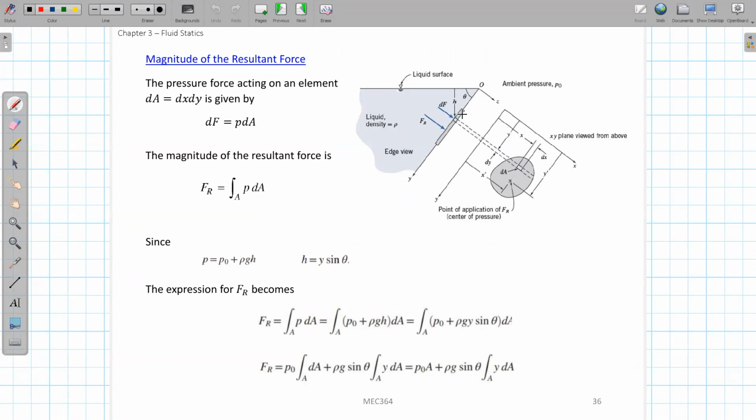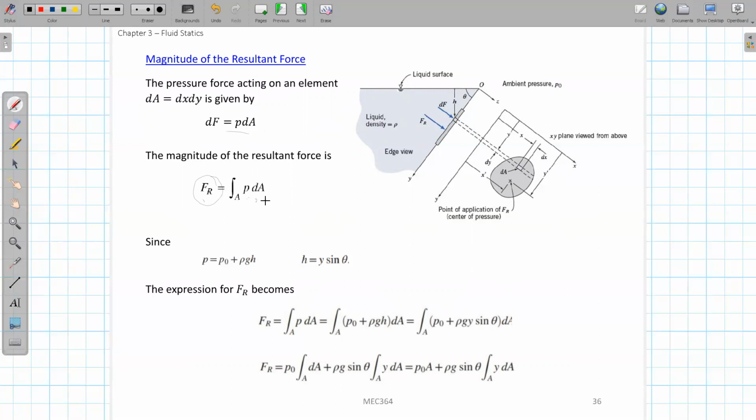If we want to calculate the overall pressure force on the whole surface, we simply integrate this equation over the whole area. This will give us the fully resultant force F_R: you just integrate the pressure over the whole area.